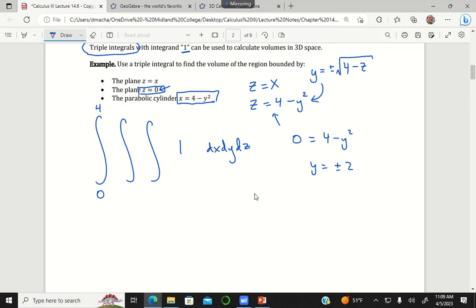Okay, so that means the lower bound on y is going to be negative square root of 4 minus z. And then the upper bound on y is going to be positive square root of 4 minus z.